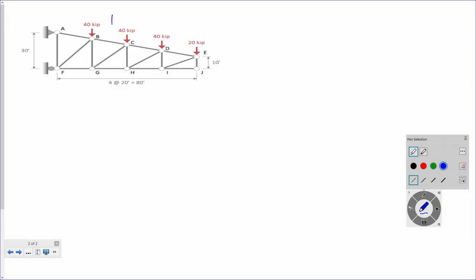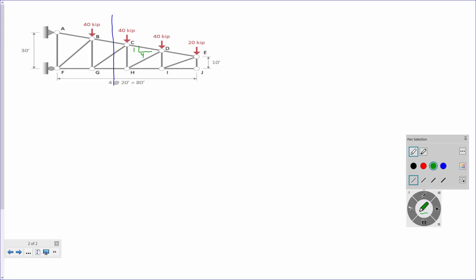I'm still going to cut a section at the same place because I'm still after CG. But here's one point I want to make. Would you agree that each one of these diagonals is at a 1 to 4, all of them?